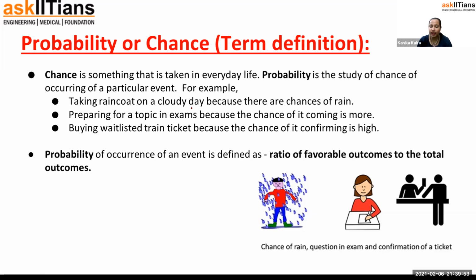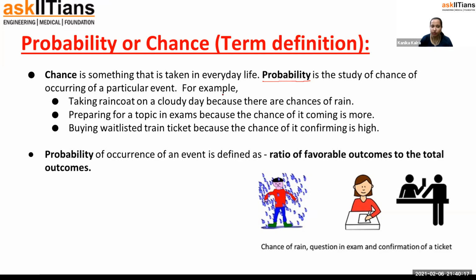Now, one day he forgot to carry the umbrella. So, what is the chance that there might be rain or there might not be rain? This situation can be represented in the form of numbers. That presentation of an uncertain situation in the form of numbers is known as probability.